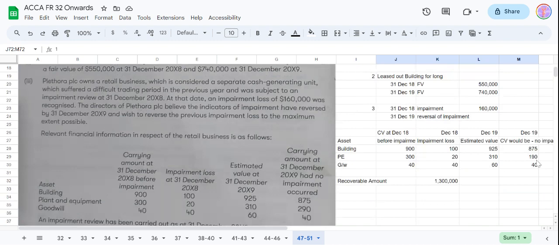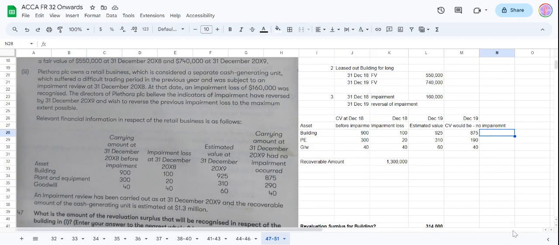So going back to this table, how much can we reverse? Here maybe we can say reversal. You see, we had 100 of impairment, so we can reverse up to 100, but then we can't reduce it below 875.